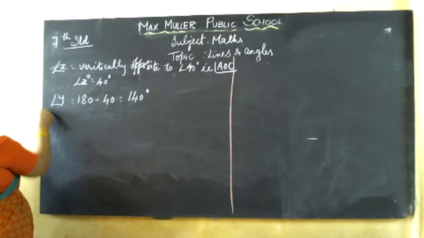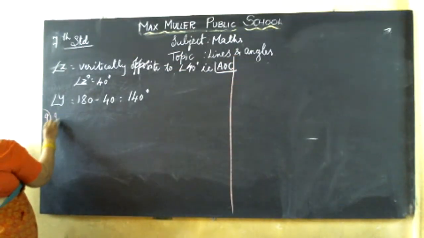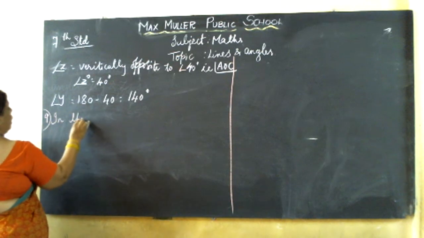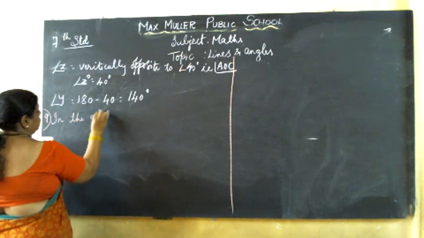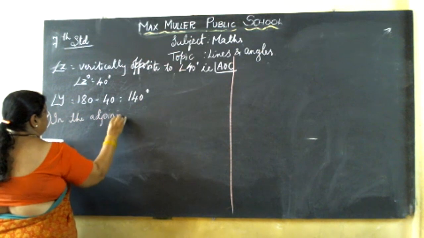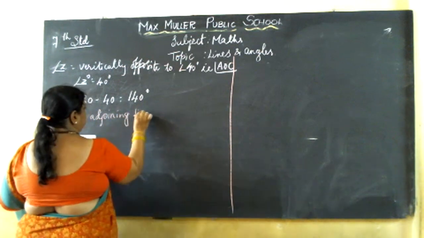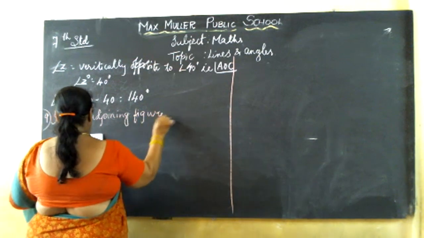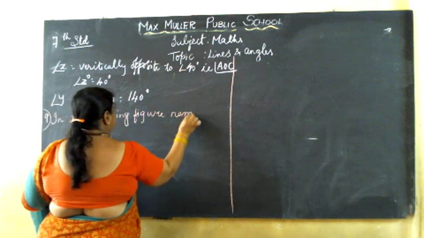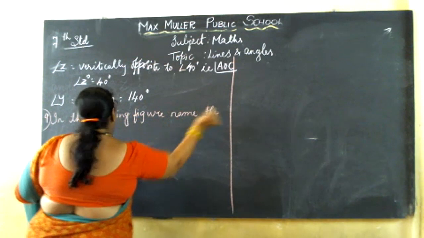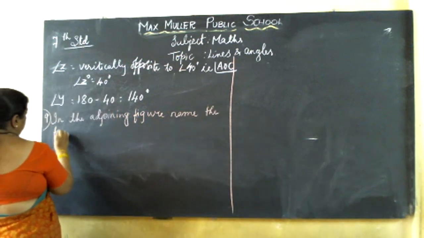Ninth one. In the adjoining figure, name the following pairs. Naming, that's all.